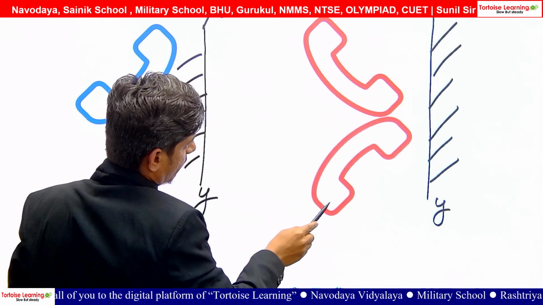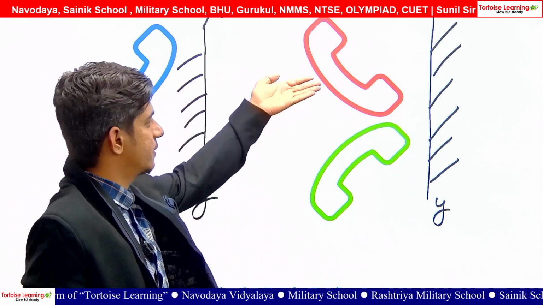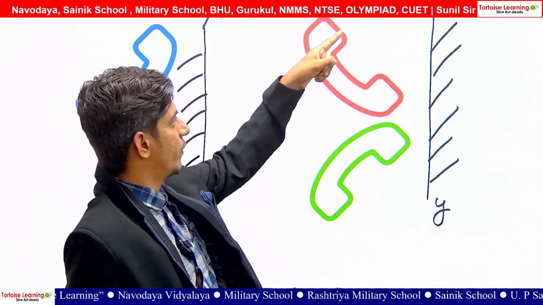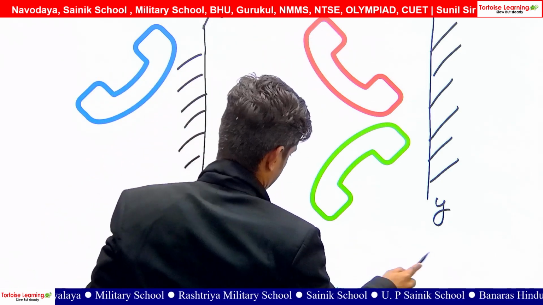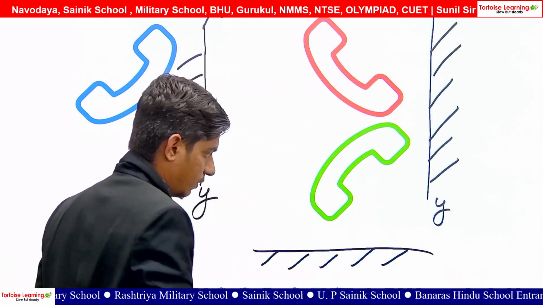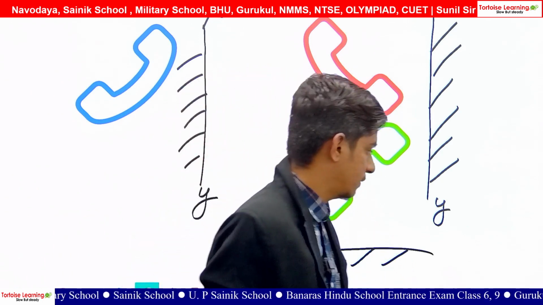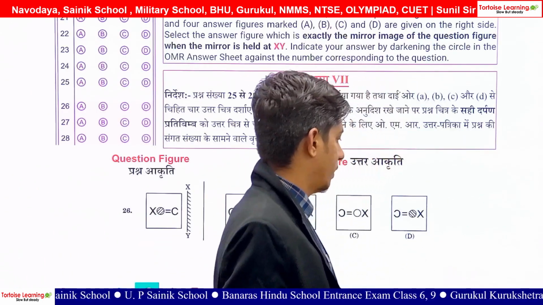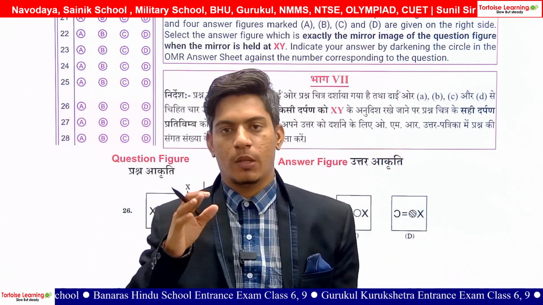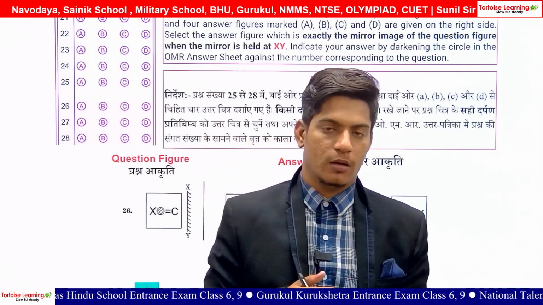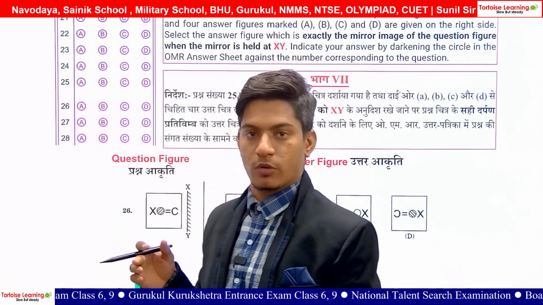This is my mirror image when the mirror is put down like this. The mirror position is very important in this type of question. Some shapes have the same mirror image. If you don't know, just watch the previous videos. In those videos I have given the complete solution. Now I don't want to waste your time.